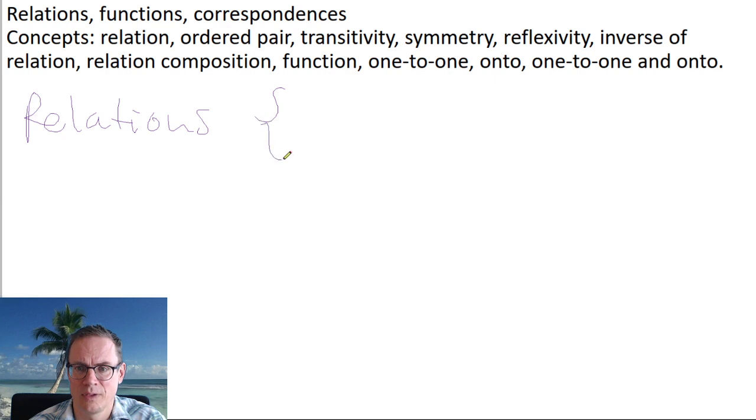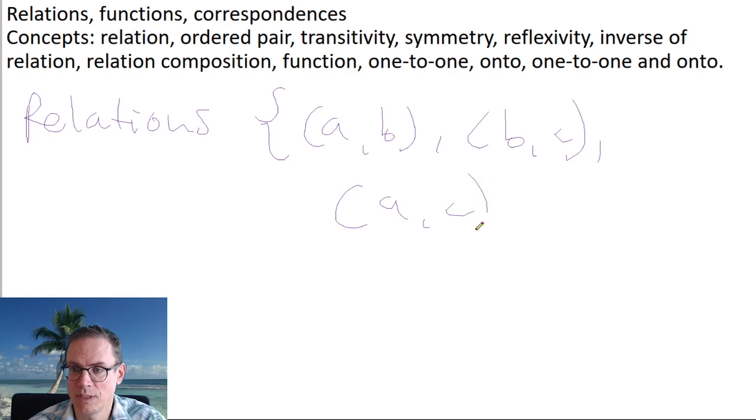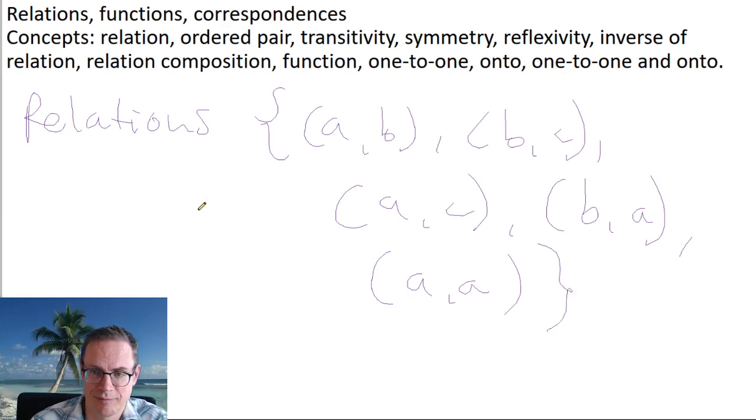So if you have A, B as an ordered pair, B, C as an ordered pair, A, C as an ordered pair, B, A as an ordered pair, then this could be the extension of a certain relation. Let's call it R.